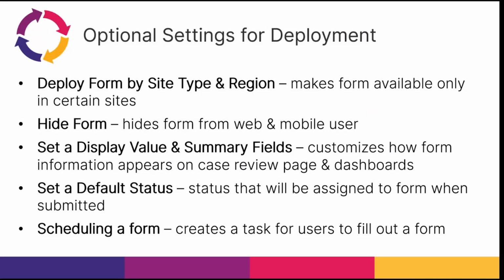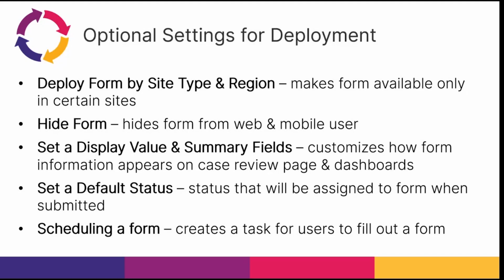So the first is that, we went over your site list last week and we went over things like site type and region. One of the first and obvious options we've made available is the ability to deploy certain forms by site type or just region. So maybe you have an activity that's only active in the west of your response and you only want to make it available to sites in that location.